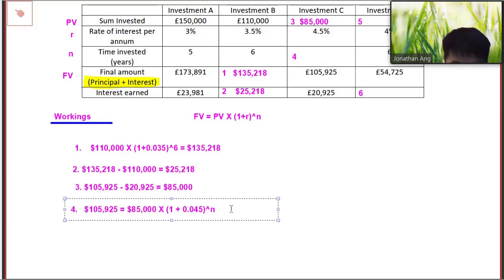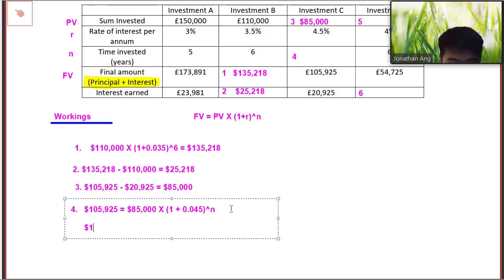You move the figure around, so 105,925 divided by 85,000. I'm getting 1.2462. We keep it at 4 decimal places. So 1.2462 equals 1.045 to the power of N.